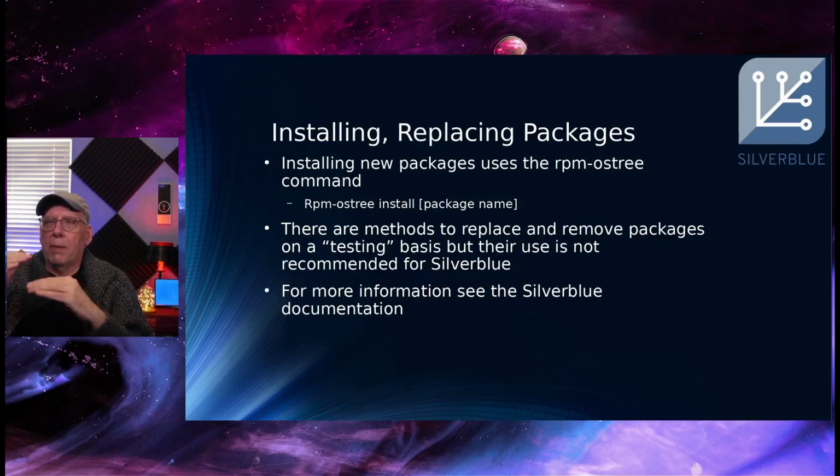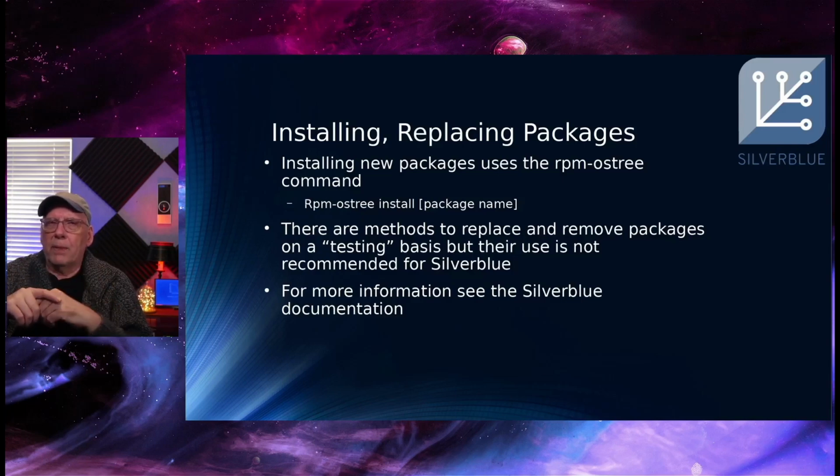So I want to be able to test it, but I want to get rid of it and just return to my old environment very quickly. So there are commands strictly for that. You can just go test it, and then when you're done, you can pop it back off and remove that one.